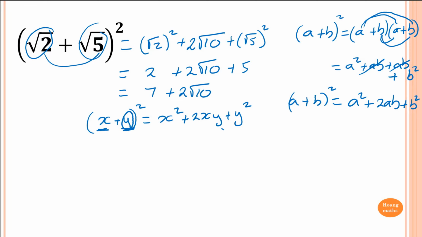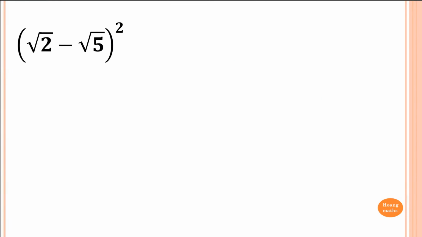This one here, of course, is a minus. Minus is the same thing, really. Look, a minus b. If you're not sure, just expand it. It's good to work it out and see where it's coming from. So a minus b all squared is a minus b times a minus b.